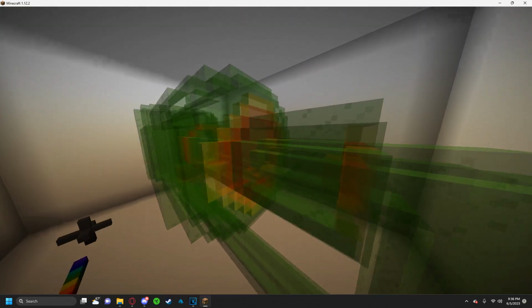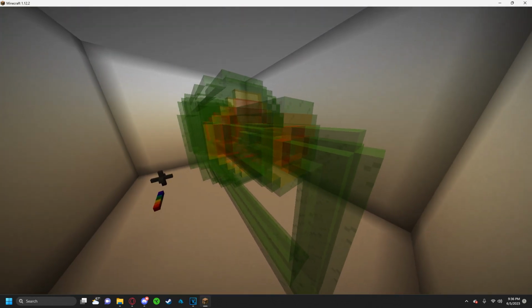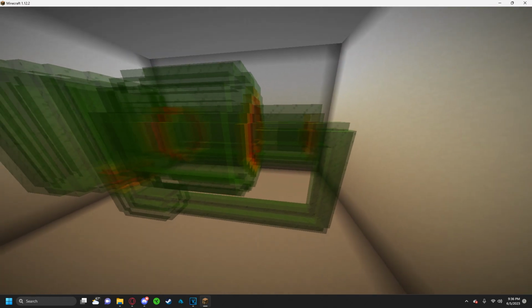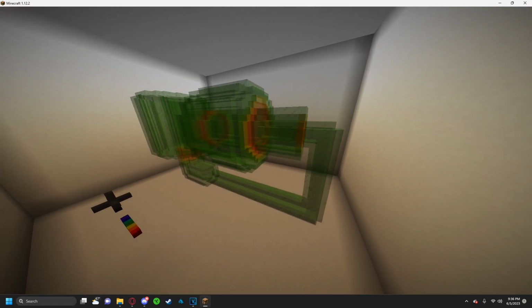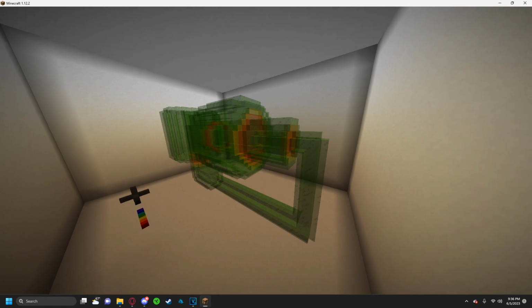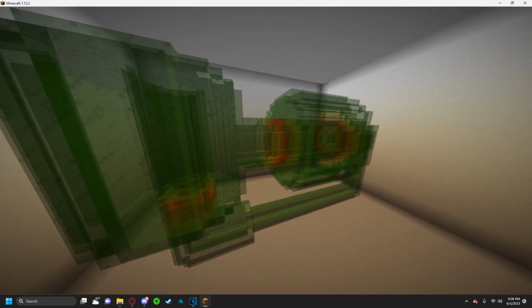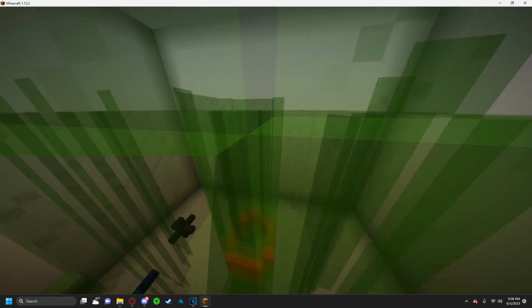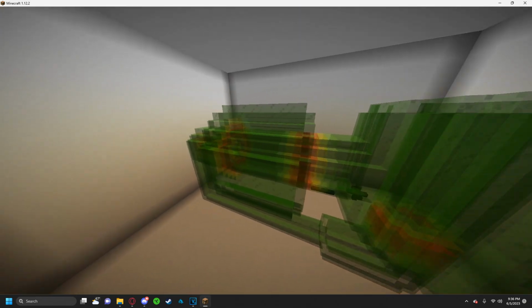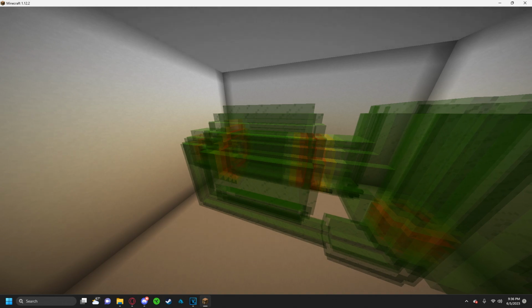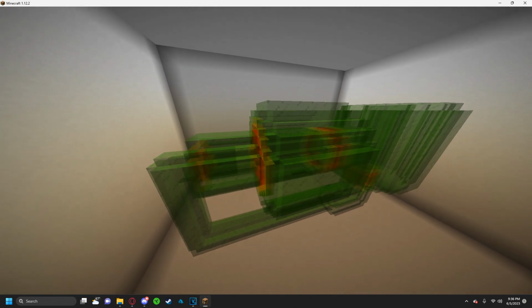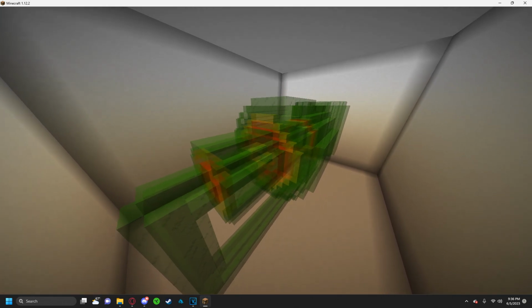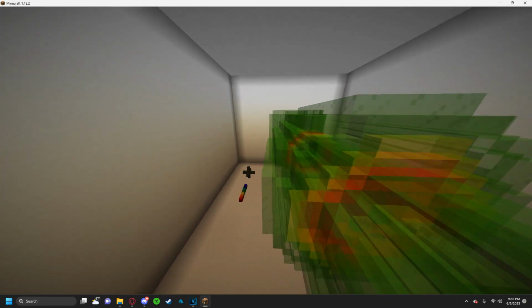And a similar thing is happening here with this tube and these faces over here. So here's one more look at it. Yeah, 4 dimensions.